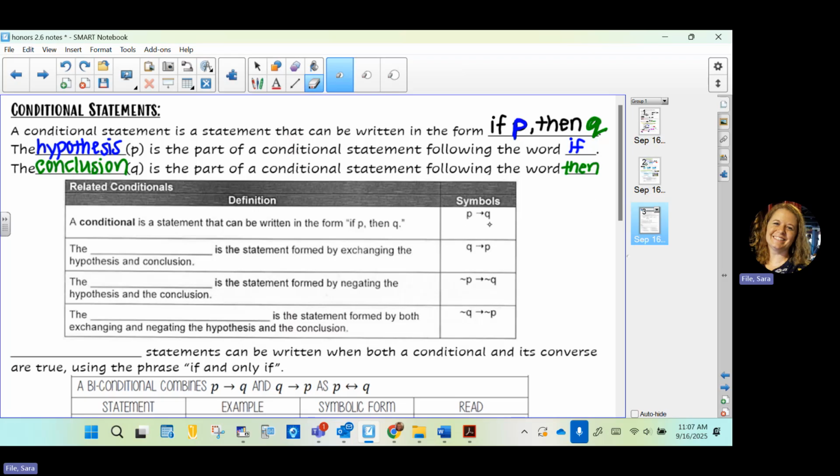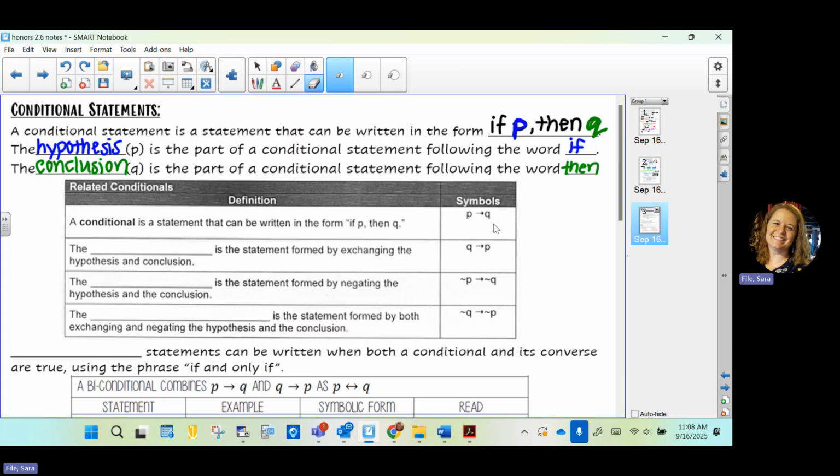If you give a mouse a cookie, then he's going to want a glass of milk to go with it. Give a mouse a cookie is the hypothesis. That's your P. He's going to want a glass of milk. That's your conclusion. That's your Q. Are you following?